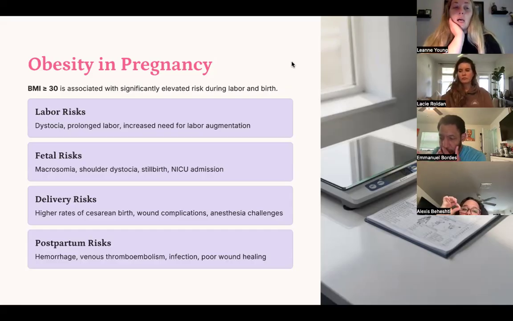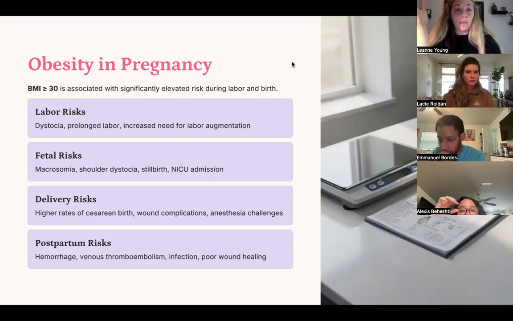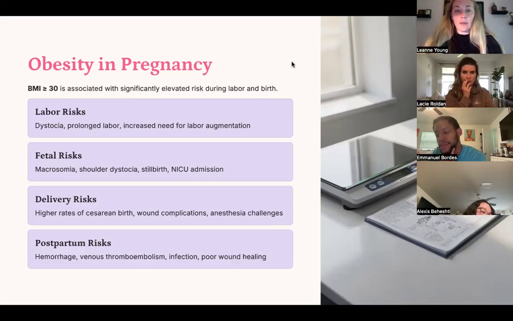Okay. Obesity and pregnancy will also cause a lot of risk to our infant. So, a big baby is a huge risk factor in an obese pregnancy because their risk for gestational diabetes is increased in an obese patient. So, with gestational diabetes, we see macrosomia. We see baby with insulin sensitivity.